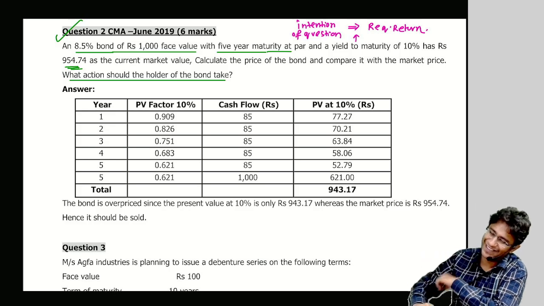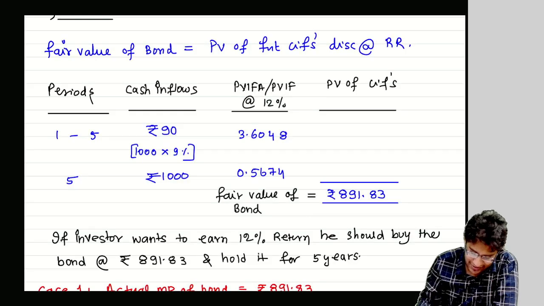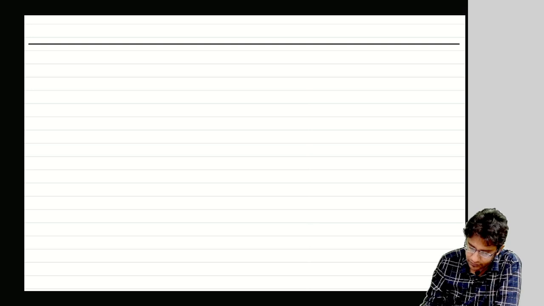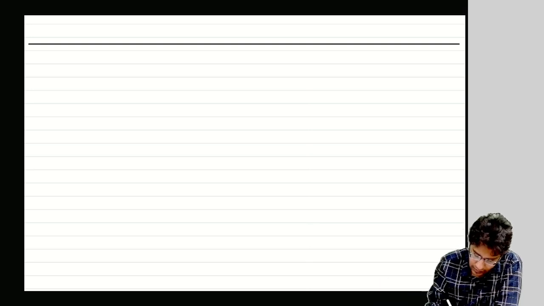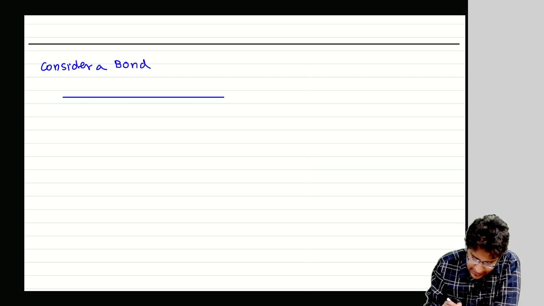Why, sir? Anyway, let's have one more small conceptual discussion. Easy one. Come here. Consider a bond which has cash flows like this. 1 year.